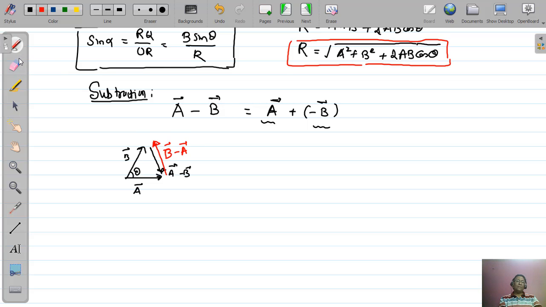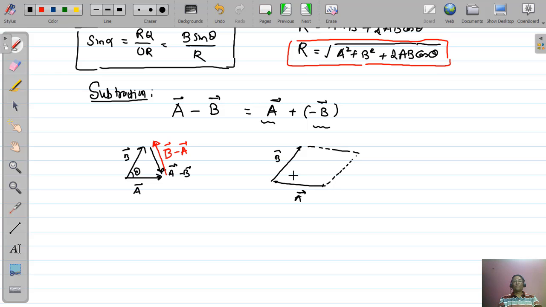If we see the parallelogram method in which we find the resultant of the sum of vectors, in that case we also mention another diagonal. Let this be vector A, this be vector B, and we completed a parallelogram.